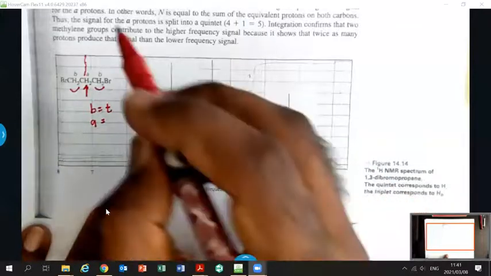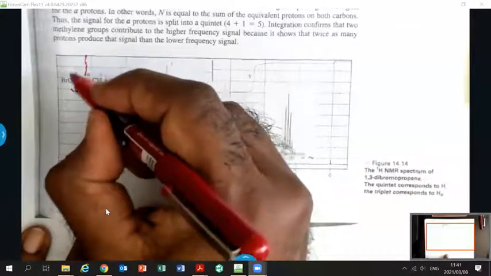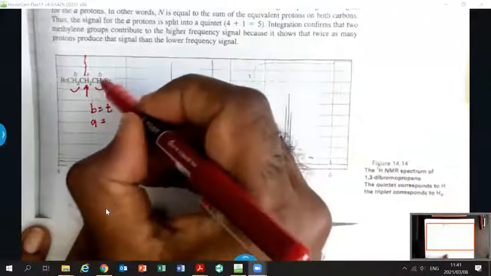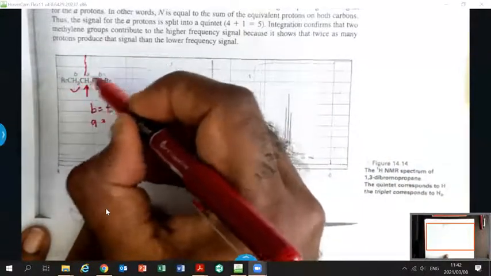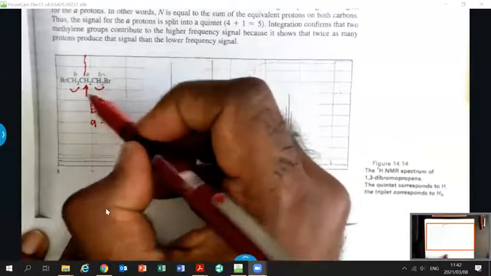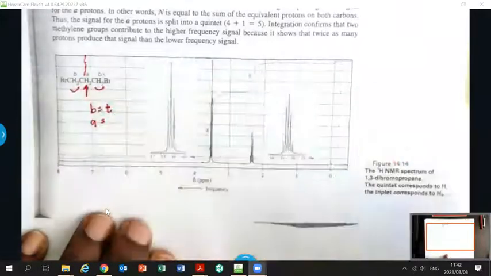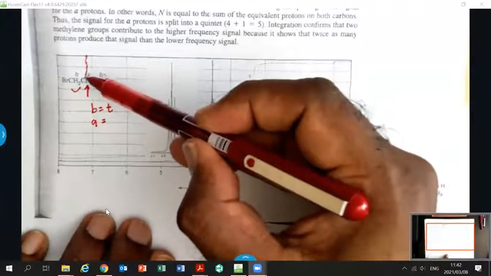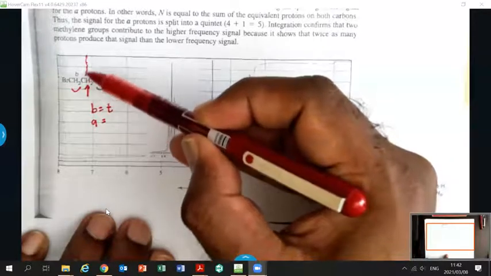But remember, we're not seeing the other part of the molecule, right? We're only seeing this as a CH2 because these 2 groups are equivalent. So what we're seeing is 1, 2, 3, 4 protons that are adjacent to this protonated group here.